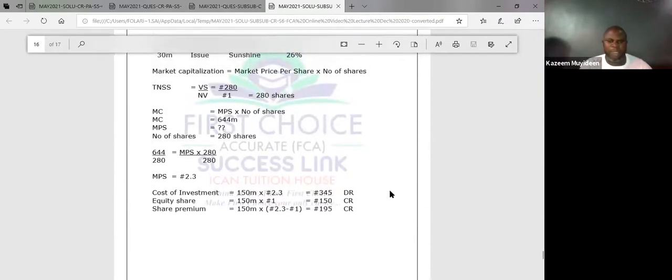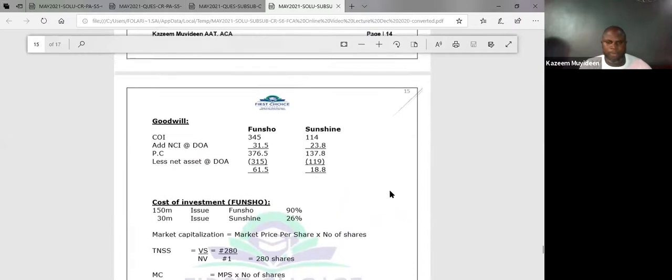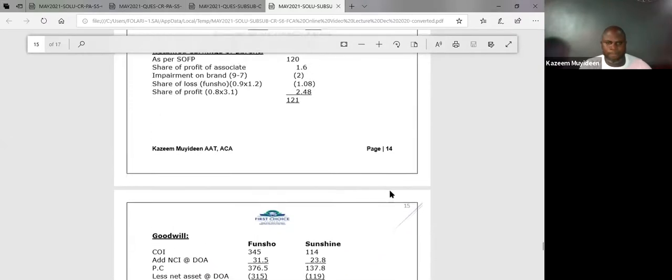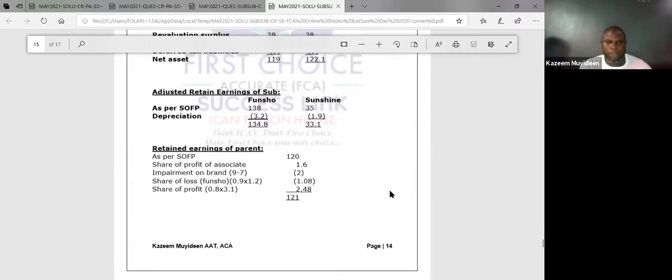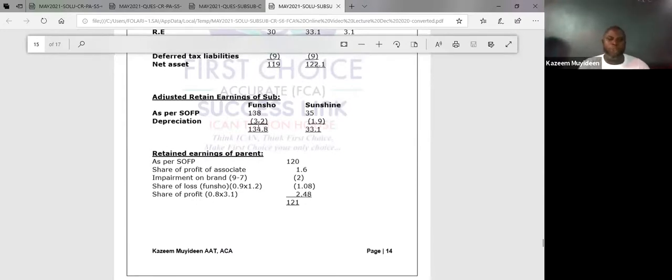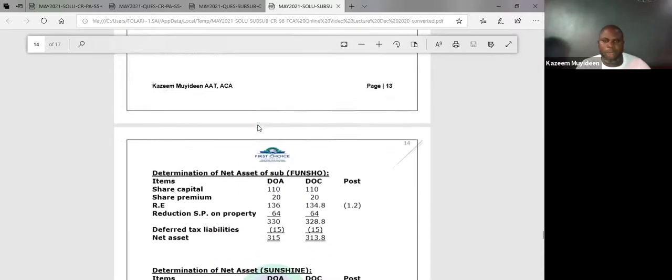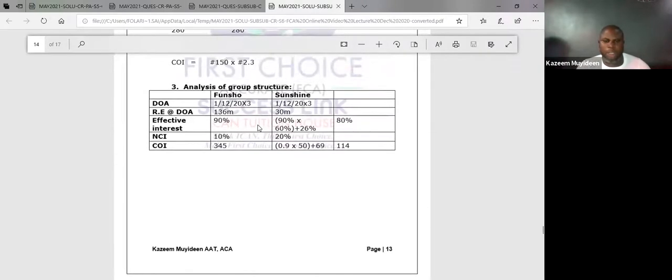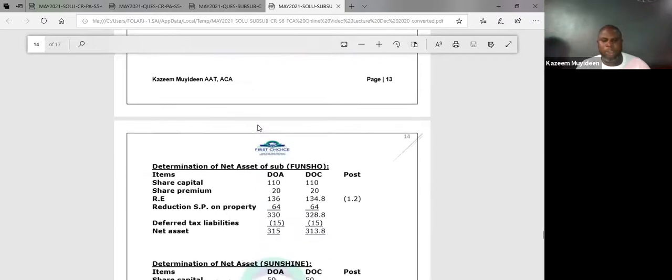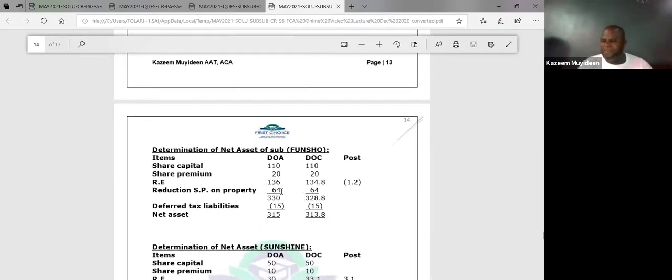First side, the depreciation. Now, how do I get the 3.2 for the depreciation? Look at it, the revaluation surplus of how much? 64, at 5%.